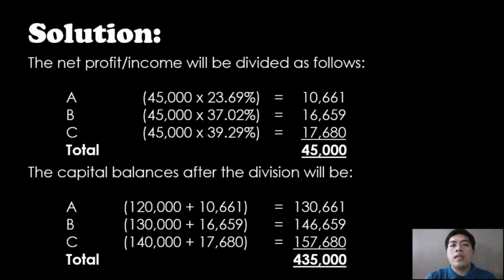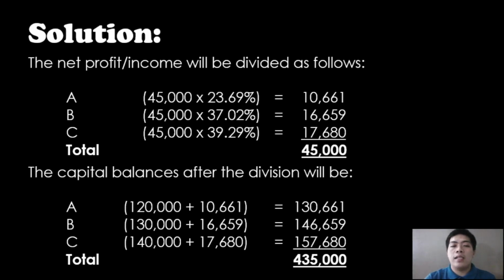Then, ito yung kanilang distribution ng net profit. So, kay A, we have 10,661. Kay B, we have 16,659. Then, kay C, we have 17,680. Then, yung capital balances nila after the division of the profit, we have 130,661 kay A, 146,659 kay B, and 157,680 kay C. Okay.